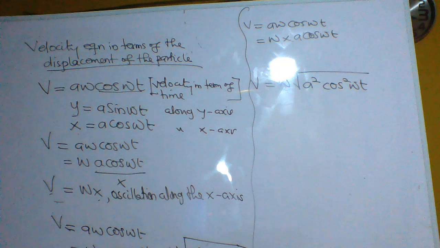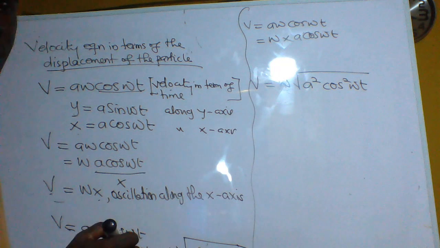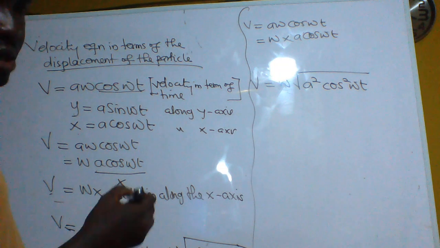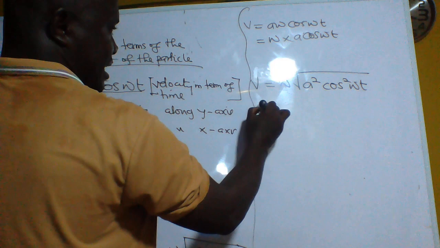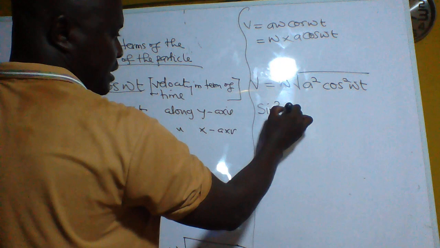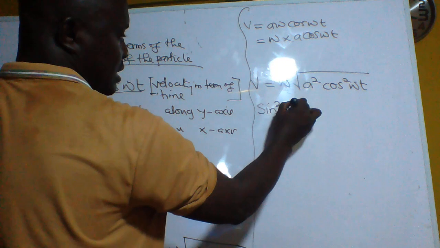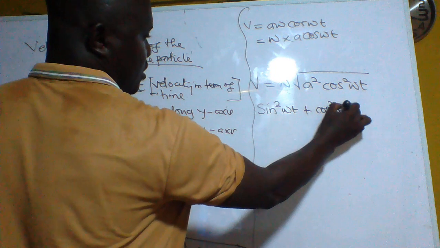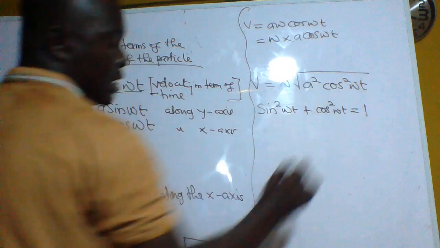Now, from one of the Pythagorean identities, we know that sine squared of any angle omega t plus the cosine squared of it is equal to 1.